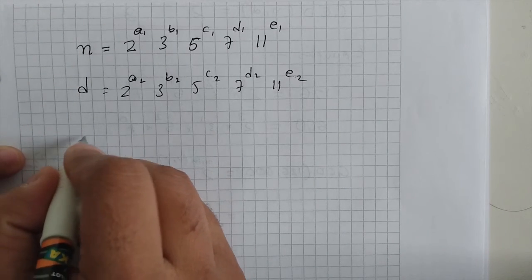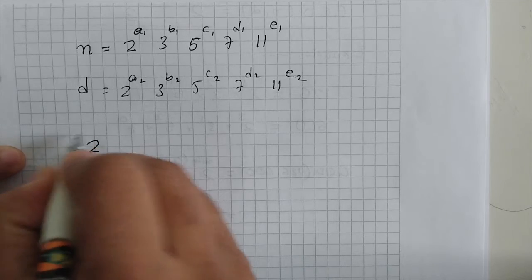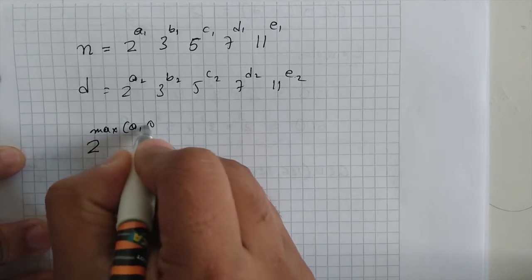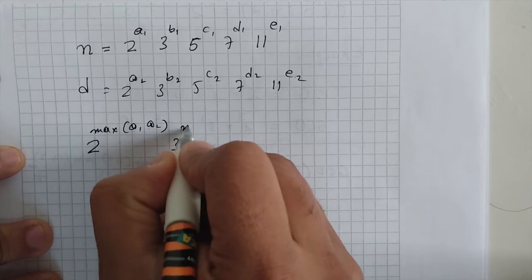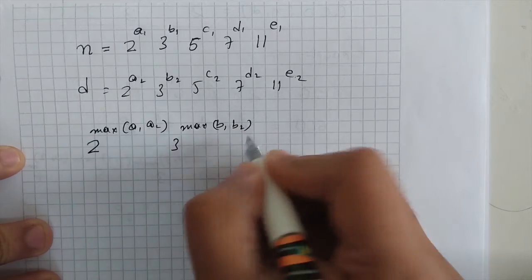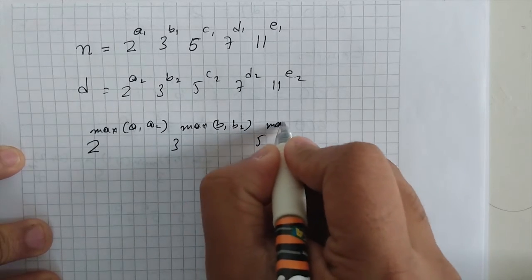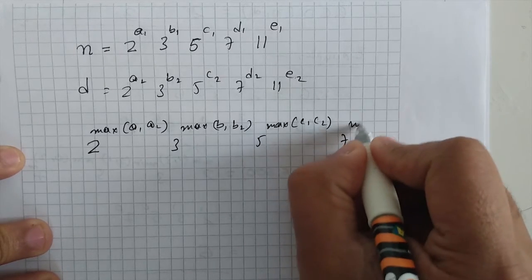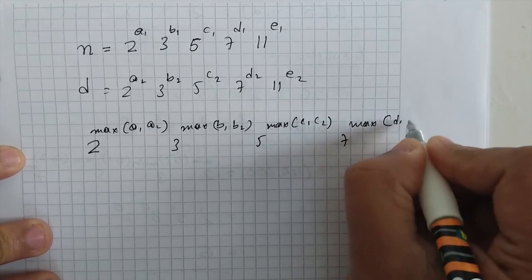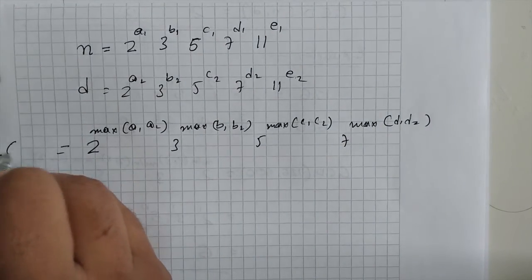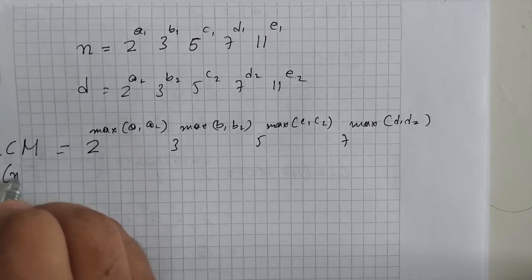We write 2 power max of a1 a2, 3 power max of b1 b2, 5 power max of c1 c2, and 7 power max of d1 d2. What do we get? This time we get the LCM of n and d.